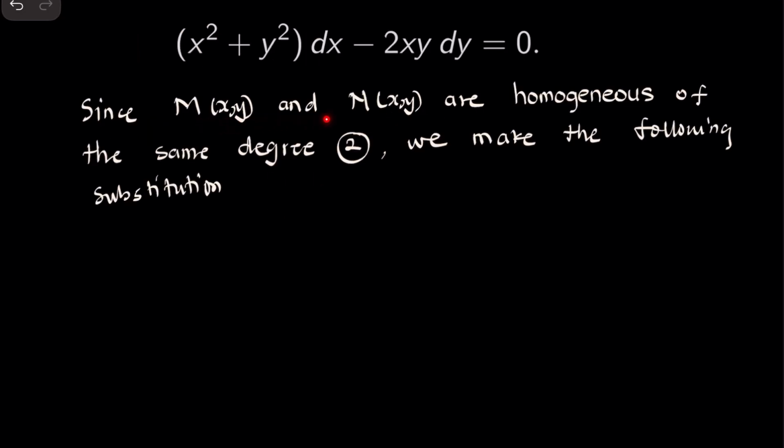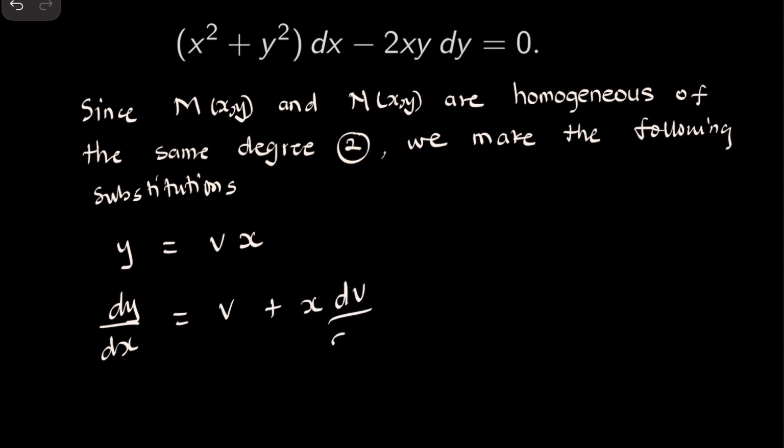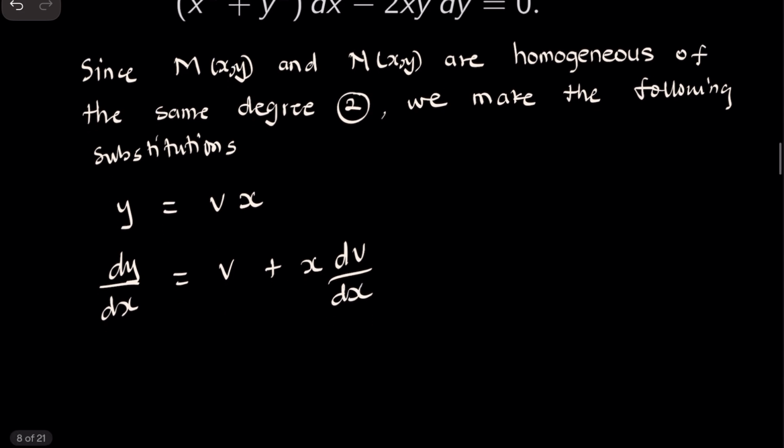Since M(x,y) and N(x,y) are homogeneous of the same degree, which is 2, we make the following substitutions. So y is v times x, and dy/dx is v + x dv/dx.